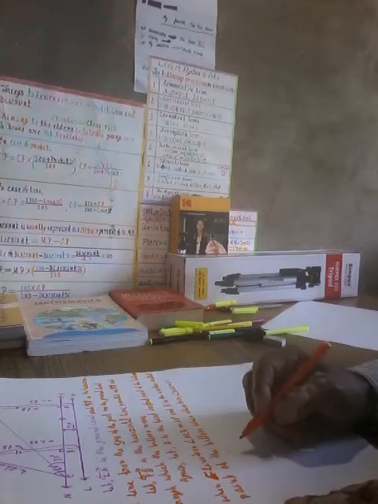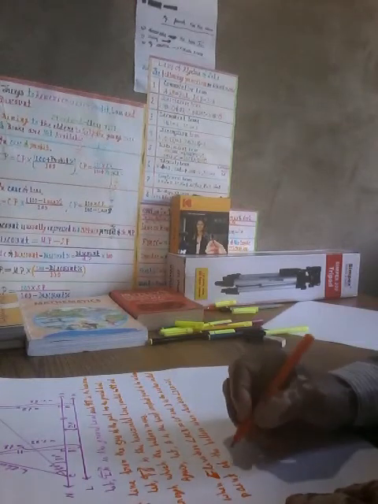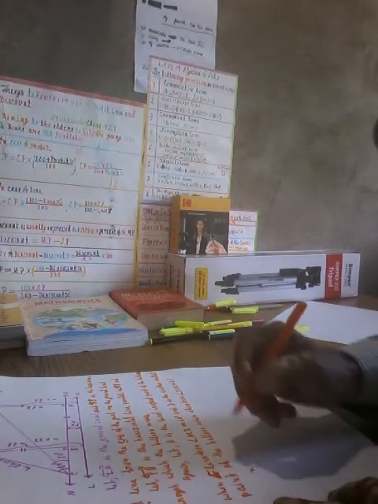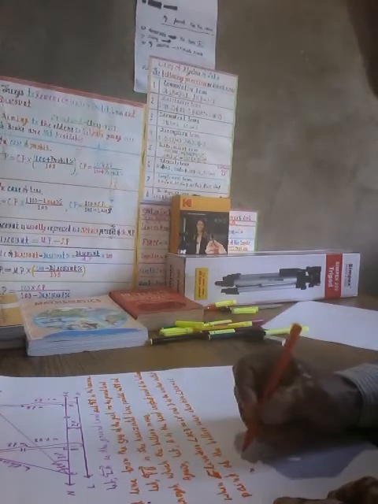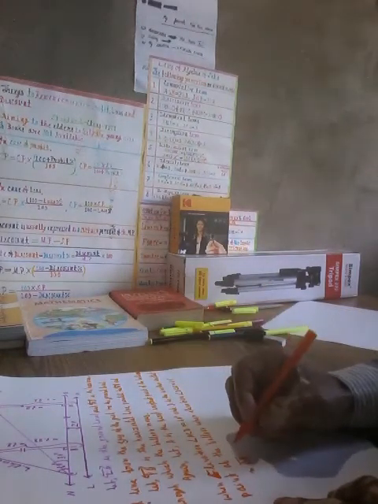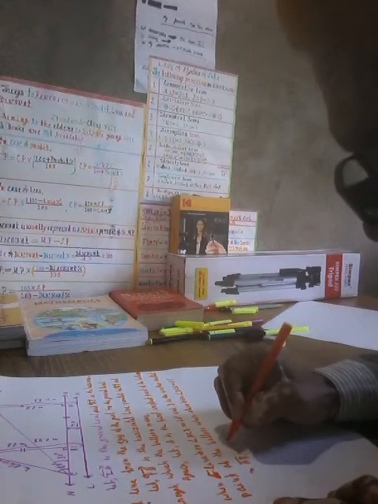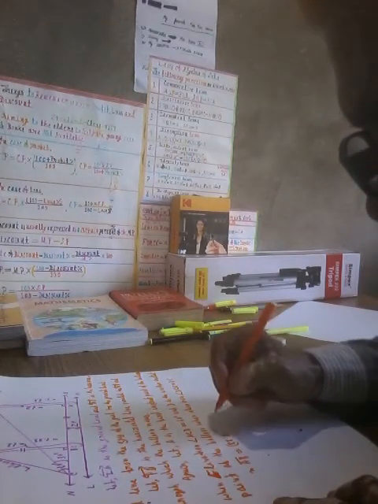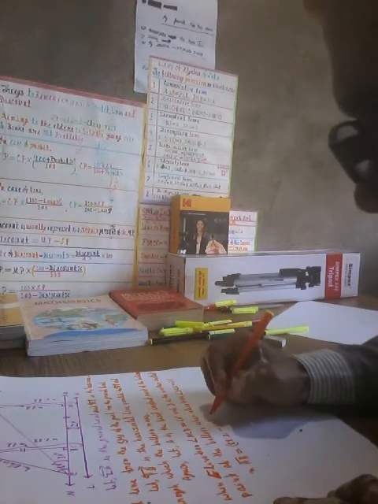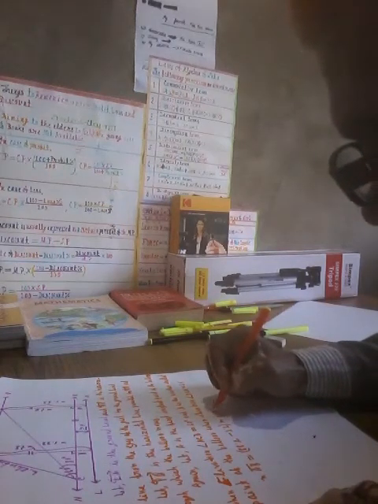Now write in this way. Measure of AB is equal to 88.2 minus 1.2 meter, which is again equal to 87 meter.